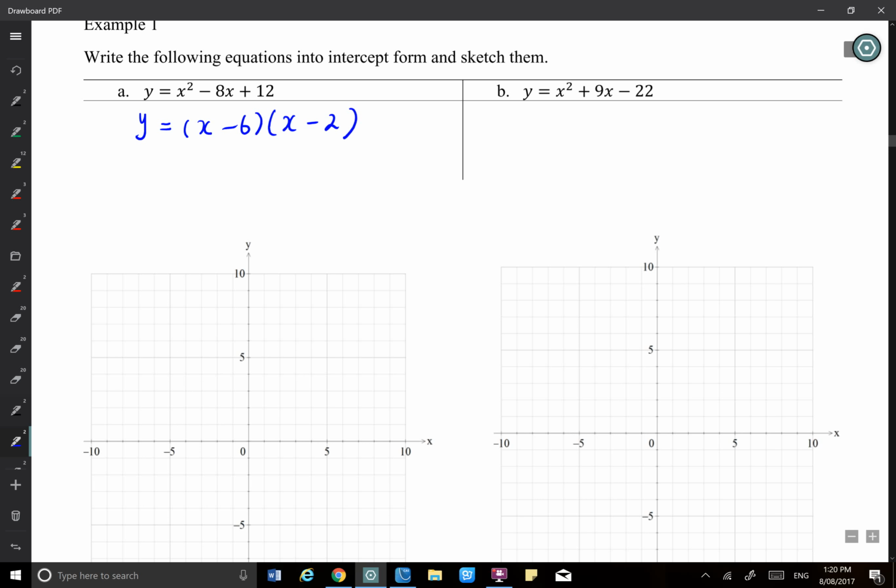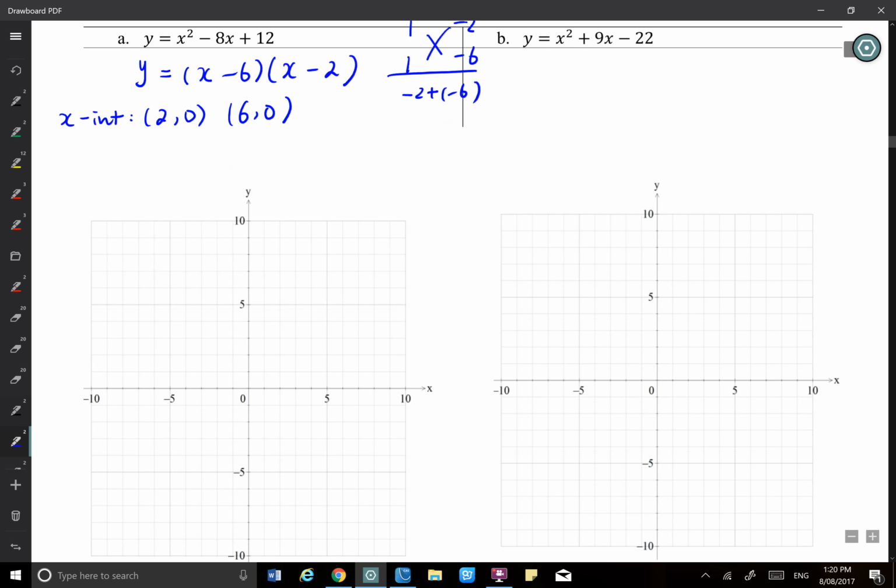That's correct, since minus 2 plus minus 6 gives you minus 8, which works. I have this equation here, and what are the x-intercepts? (2, 0) and (6, 0). Let's label that.